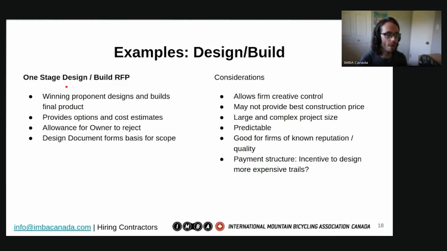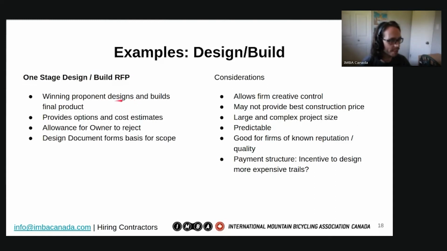So some examples, and these are hypothetical examples. They can look way different in the field, and maybe at the end they look totally different too. But one would be a design-build one-stage RFP, where one firm is awarded the design and the build of the project. The phases of the project will allow for conversation in between for refinement of scope afterwards, so the firm will go out into the field and design.